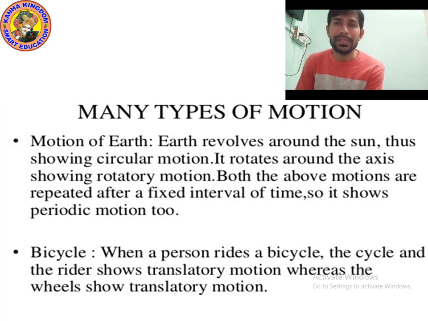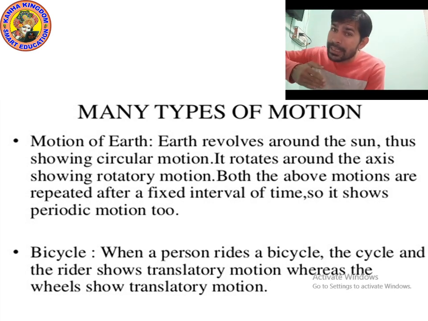When a person rides a bicycle, the cycle and the rider both show translatory motion, whereas the wheel shows circular motion. Yes, if you are sitting on the bicycle and riding it, then the bicycle will go straight, and you are also going straight.